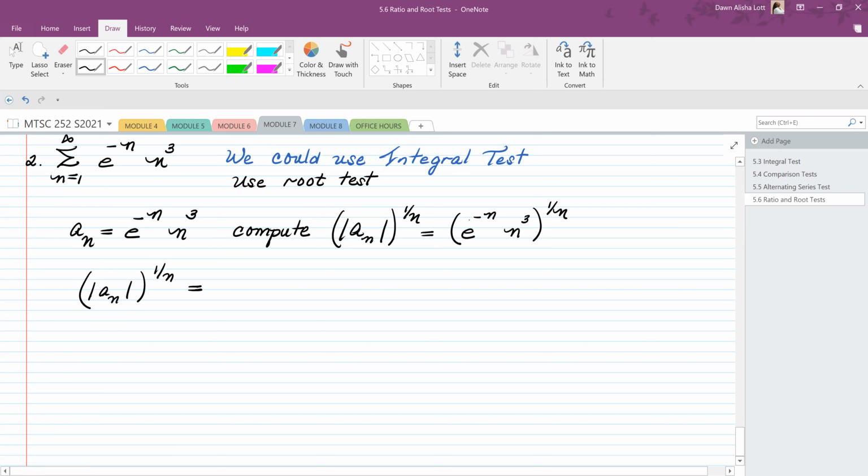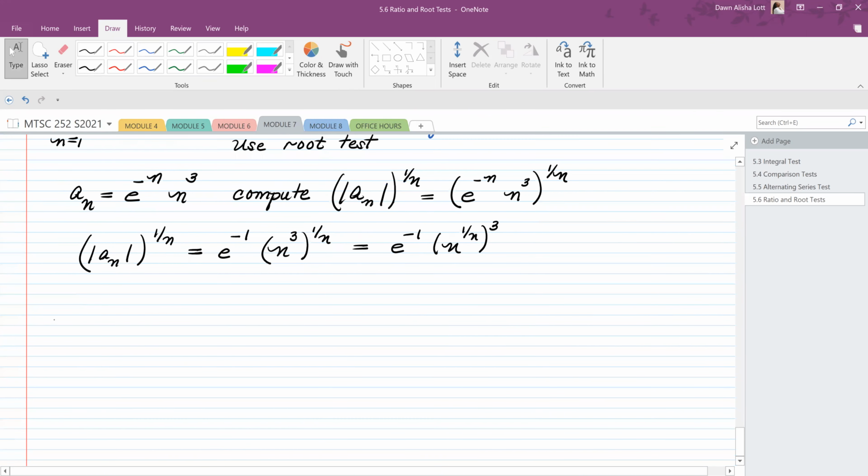Well, I get e to the minus n times 1 over n becomes e to the minus 1. And then I'm going to get n cubed to the 1 over n, so that's e to the minus 1 times n to the 1 over n cubed. Aha, now we're ready.